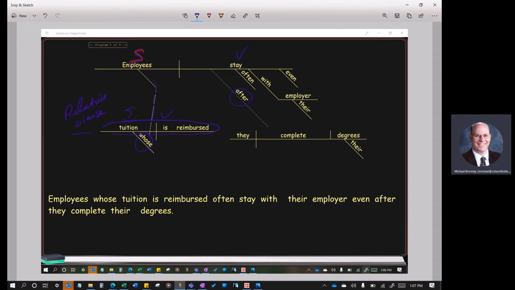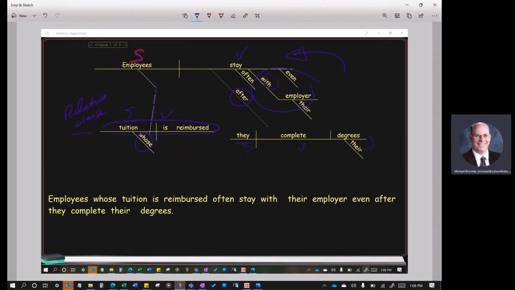Then we go through this, which ones they stay often with their employer. So I have all these prepositional phrases, and I have my adverbs even and often. And with their employer, this is my preposition. This is all just adding information to my main clause, which is employees stay. And now we do after they, subject, verb, complete their degrees.